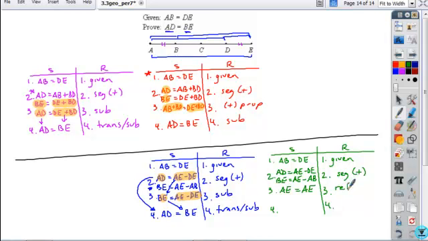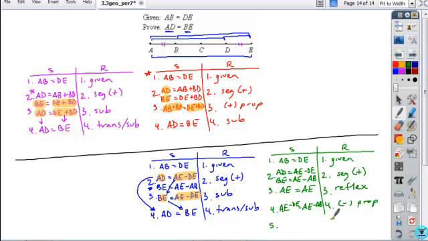Reflexive property, good. Okay, and then if we took this equation, AE is equal to itself, and we subtracted a DE from one side of it, what would we have to do to the other side to maintain the balance? We'd have to subtract DE or its equivalent. Well, what's equivalent to DE? AB. So if we subtract equivalent values from each side of an equation, the equation remains balanced. That is subtraction property.